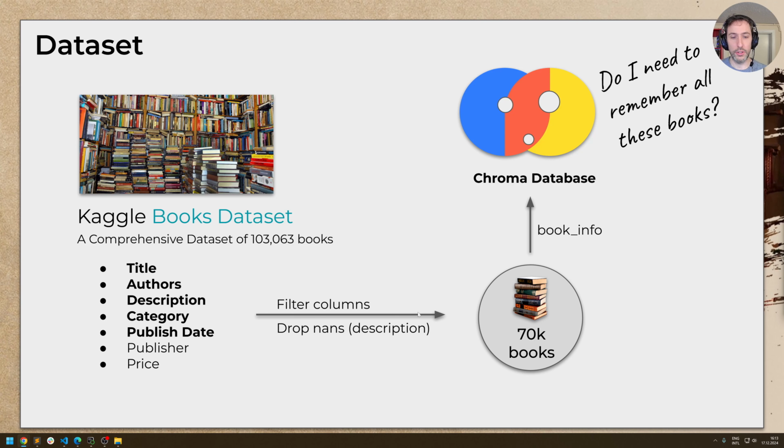I also dropped any rows that don't have a description, mostly because if a book doesn't have a description, it's a bit tricky for Alice to use it. Since the description is the part that I'm vectorizing, I dropped all the rows that don't have a description. I ended up with 70,000 books, vectorized the description, and passed the rest of the books as metadata.